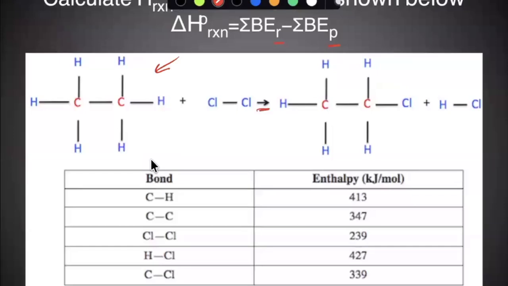And so first is carbon-hydrogen. I've got one here, one here, one here, here, here, and here. So that's 1, 2, 3, 4, 5, 6 carbon-hydrogen bonds. And so I'm going to put a 6 here for my reactants, and here's my products.